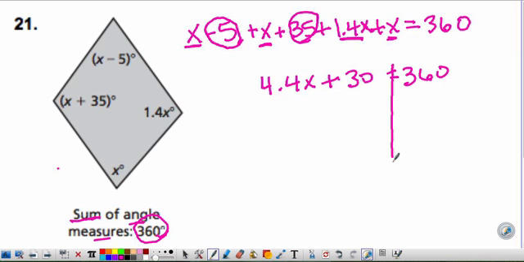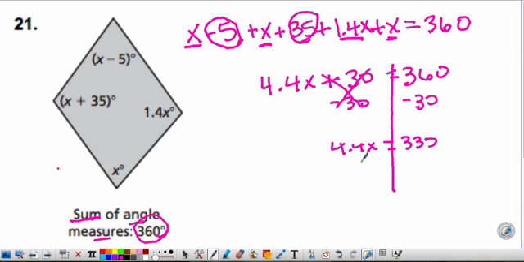Now that we've combined all of our like terms, we need to solve for x, which means we're going to move this 30. The opposite of plus 30 is subtract 30. 30 minus 30 is 0, so we bring down 4.4x equals 360 minus 30, which is 330.